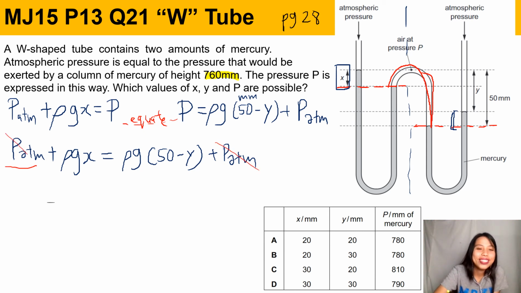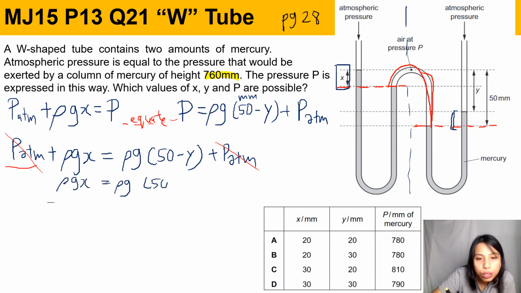Okay, good. So eventually they do cancel out, but at the beginning they don't. So now what do we have left? Rho Gx equals to rho G 50 minus Y.